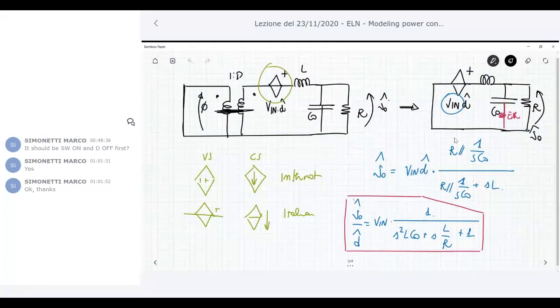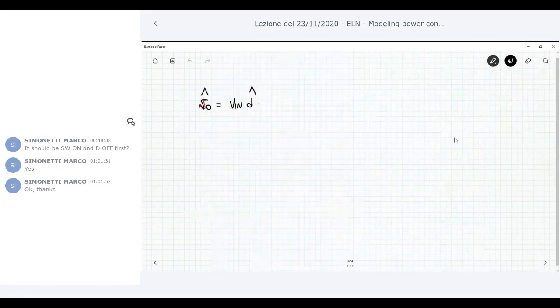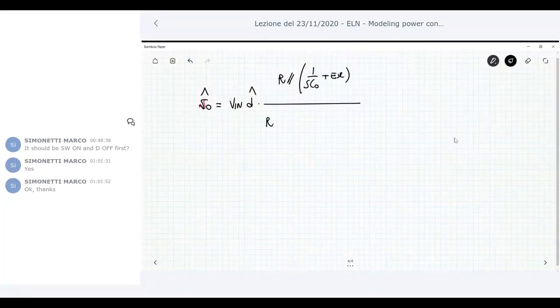So we have something like this. At the numerator, R in parallel to 1 over S C naught plus the ESR. At the denominator, R in parallel to 1 over S C naught plus ESR, plus SL. Nothing more than this.